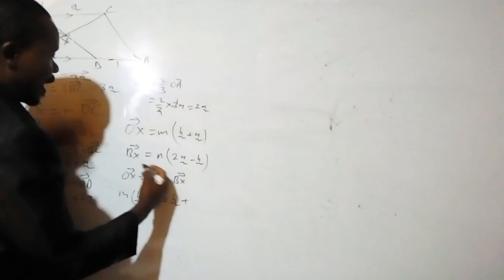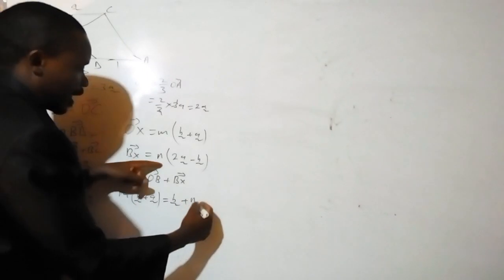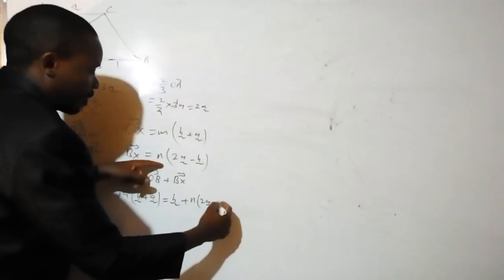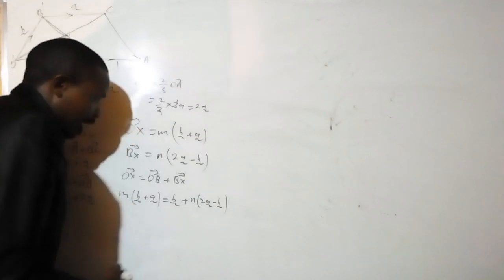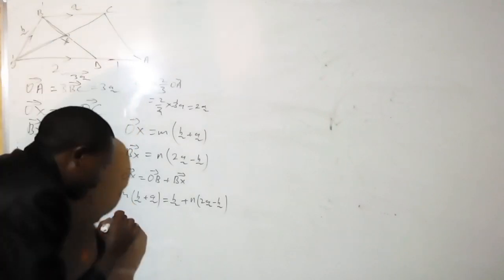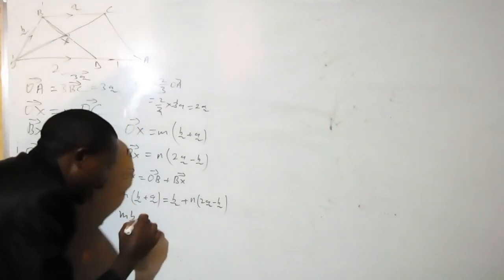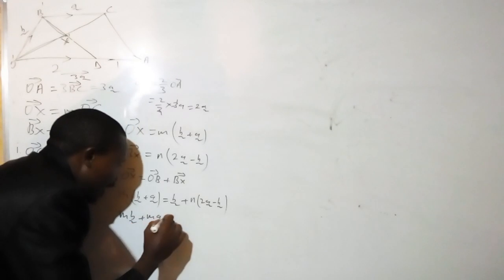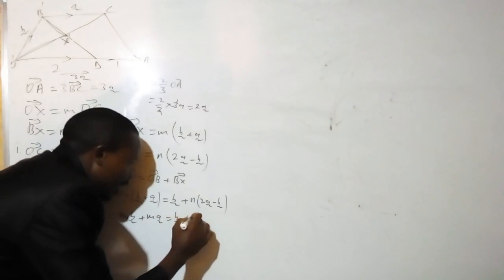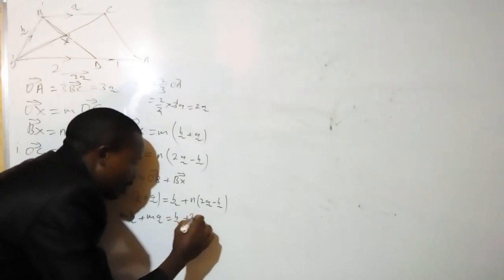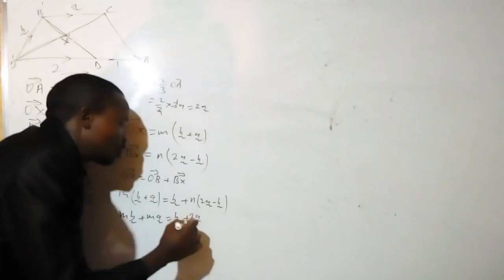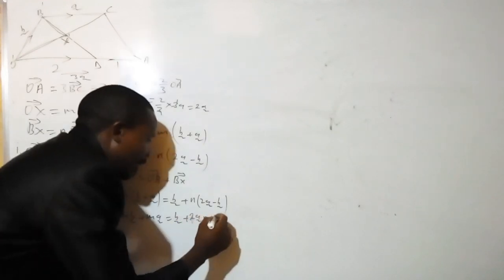BX is this, 2 vector A minus vector B, multiplied by N. Good. Now you can open the bracket. M vector B plus M vector A is equal to vector B plus 2 vector A N minus vector B N.